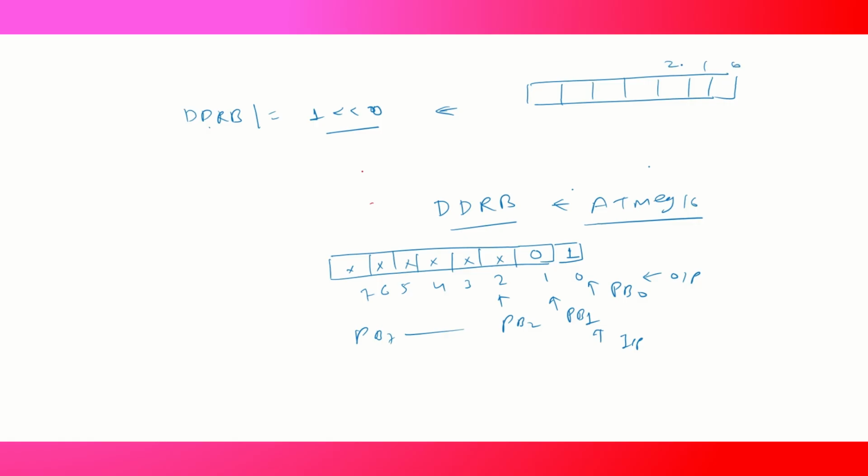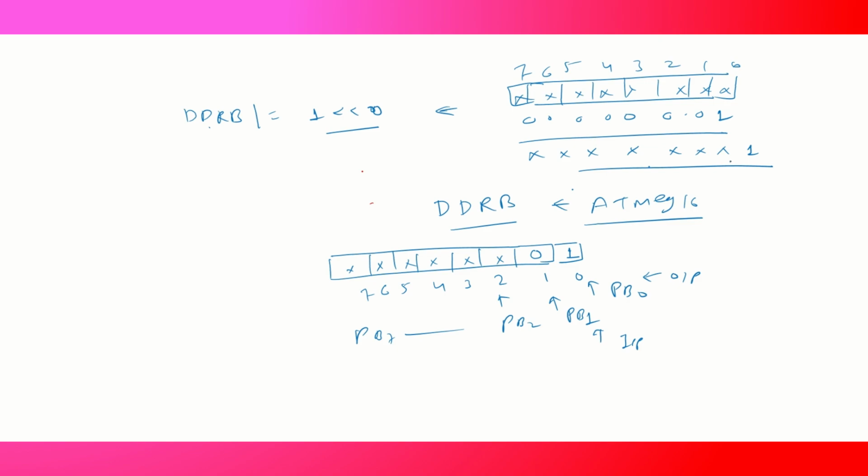So 0, 1, 2, 3, 4, 5, 6, 7, X X, and then we are doing an OR operation with this number. So the result will be 1.